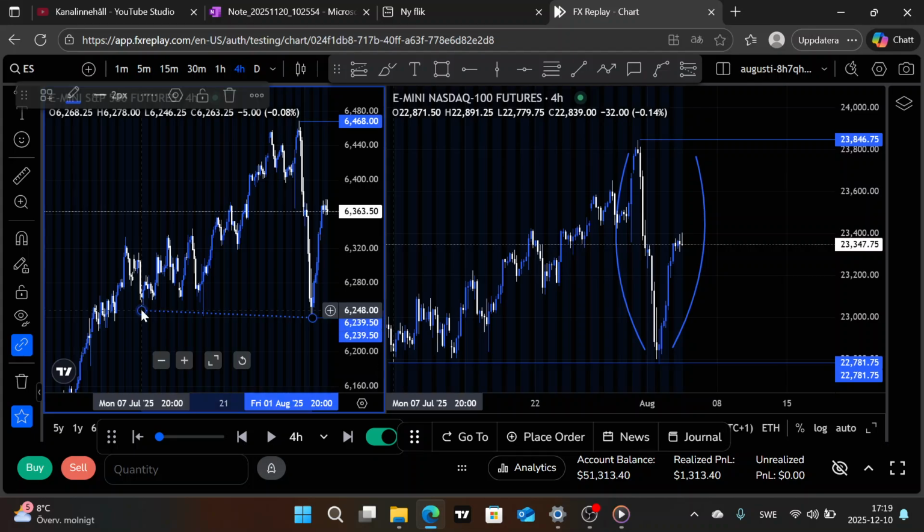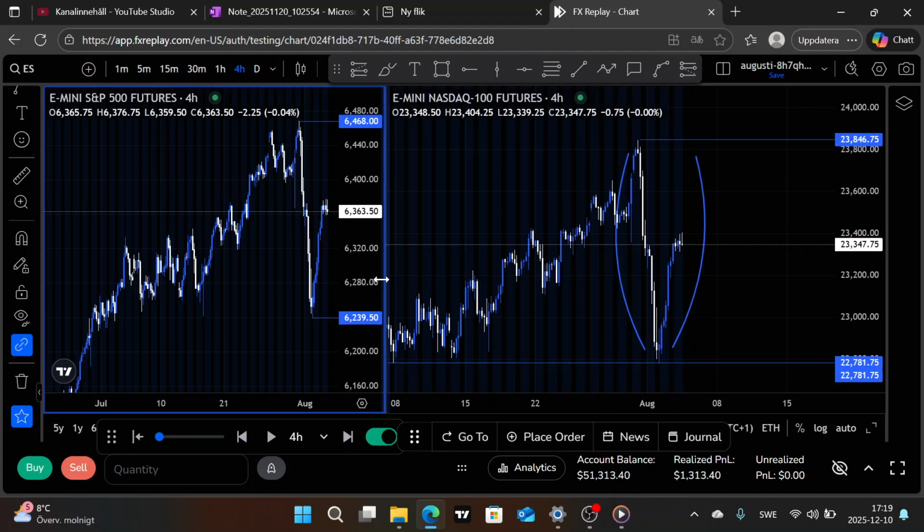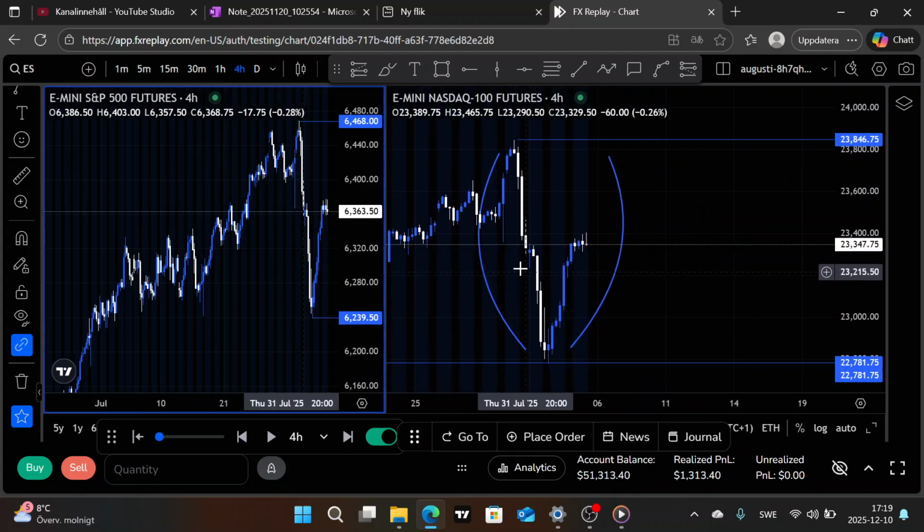Yeah, ES does sweep that low too, so we don't have it. So that's why I go and check for valley gaps.